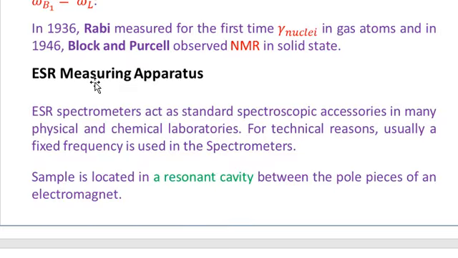Electron spin resonance spectrometers act as standard spectroscopic accessories in many physical and chemical laboratories. For technical reasons, usually a fixed frequency is used in the spectrometer, but in this spectrometer we also have the provision to change the frequency of the field B1. Now the sample is placed in a resonant cavity between the pole pieces of an electromagnet. This is what I am going to describe.